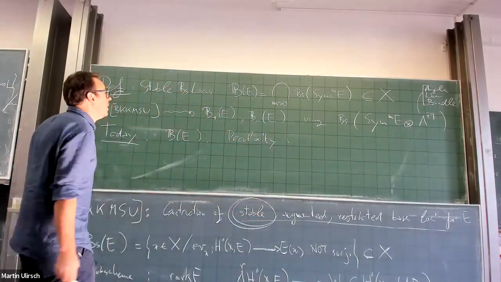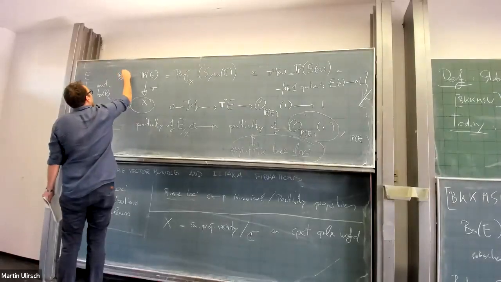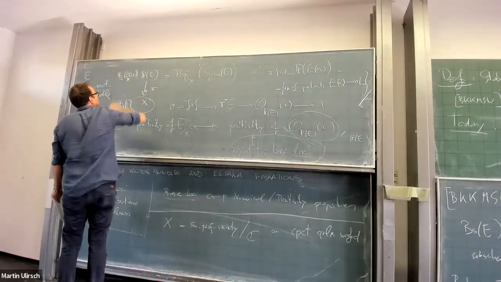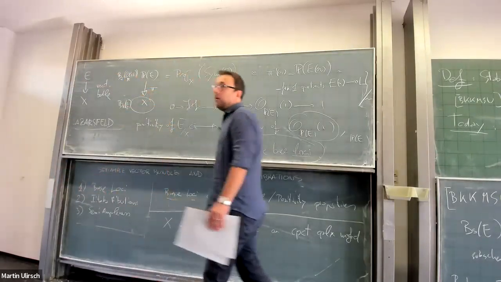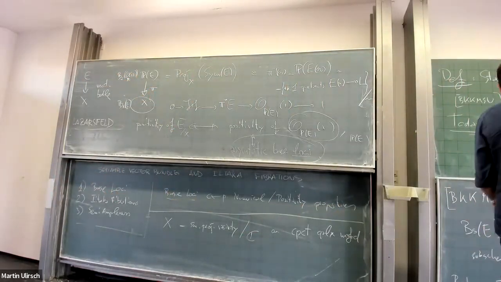While the augmented and restricted base loci live inside X, and also the stable base locus, we then have the corresponding loci for O_{P(E)}(1) inside P(E). Augmented and restricted, they behave well according to the projection.